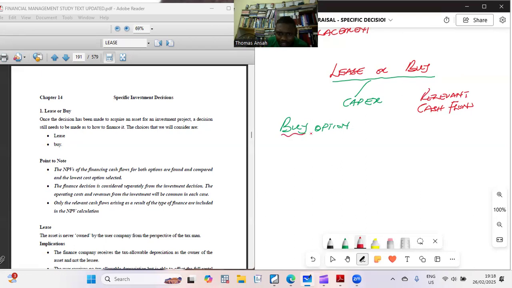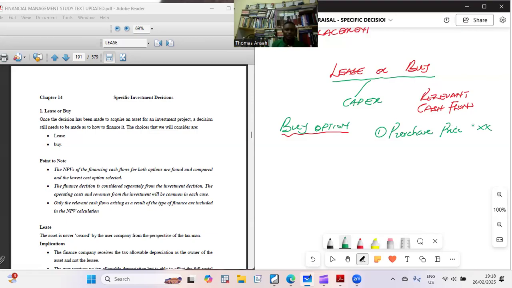Now, if I'm buying an asset, here we are doing investment appraisal. If I buy an asset, the first cash flow is the purchase consideration, the purchase price, the money that I'm using to buy. So what I'm paying is a relevant cash flow.